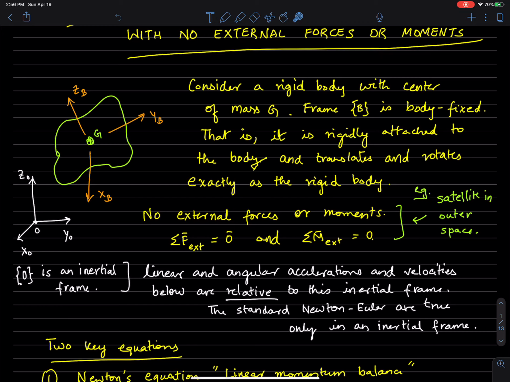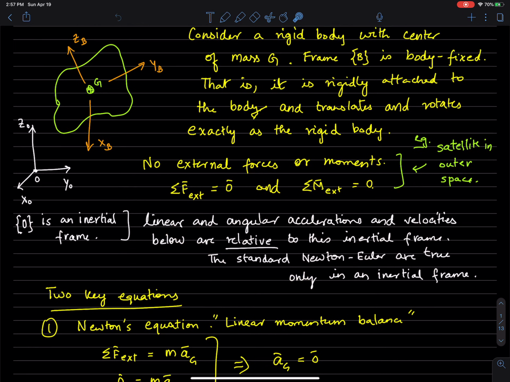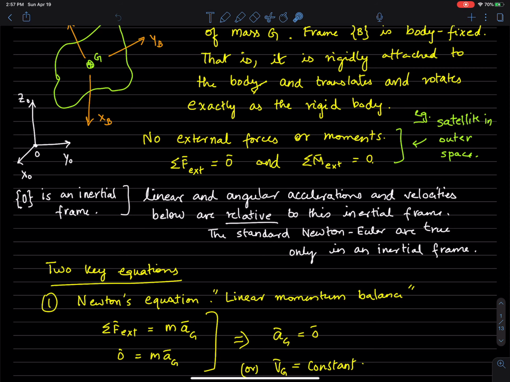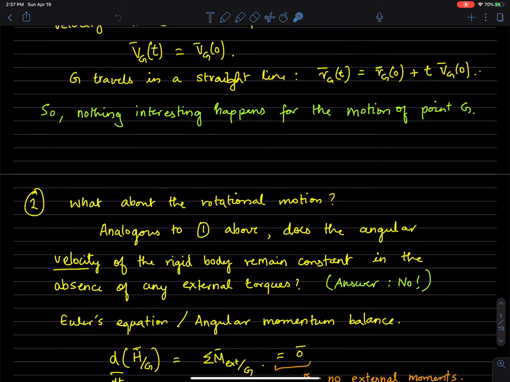It's not moving relative to the frame. But from the viewpoint of this inertial frame 0, e_xB is potentially changing constantly if the object is rotating. So we want to find the derivative of a vector that is fixed in frame B, which is rotating with angular velocity omega.